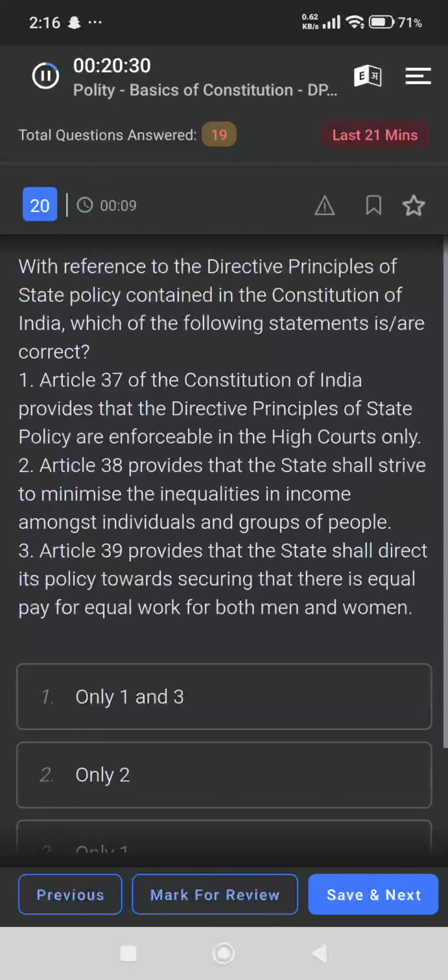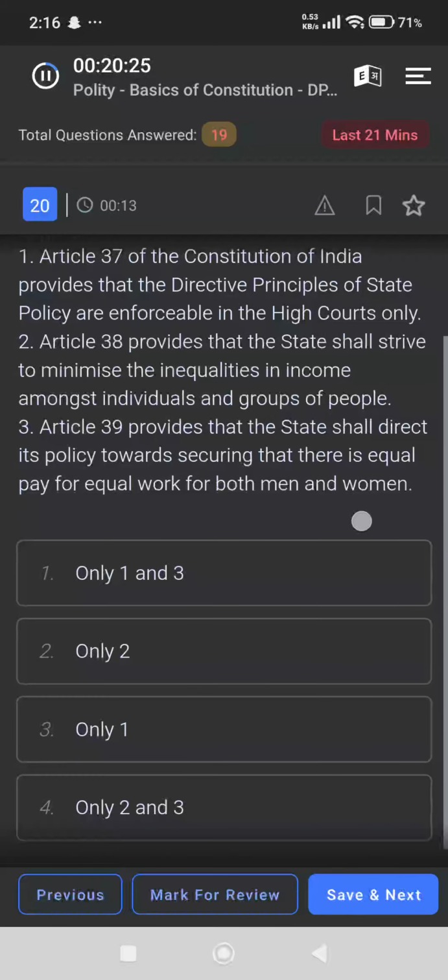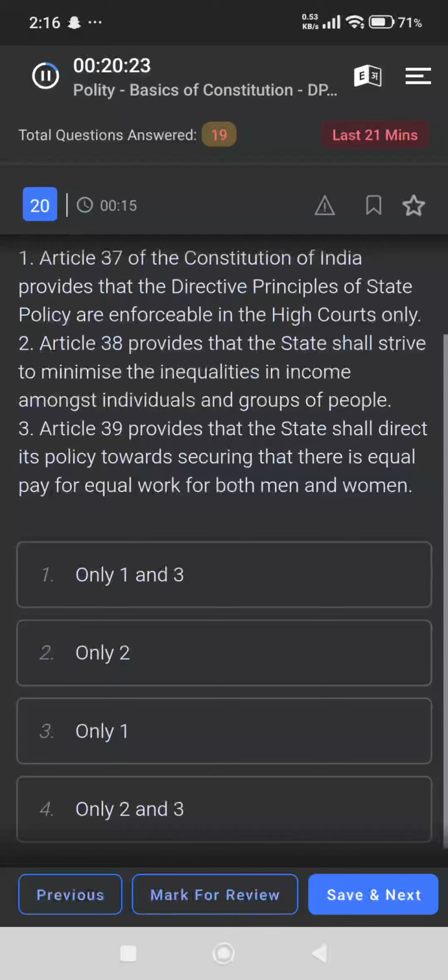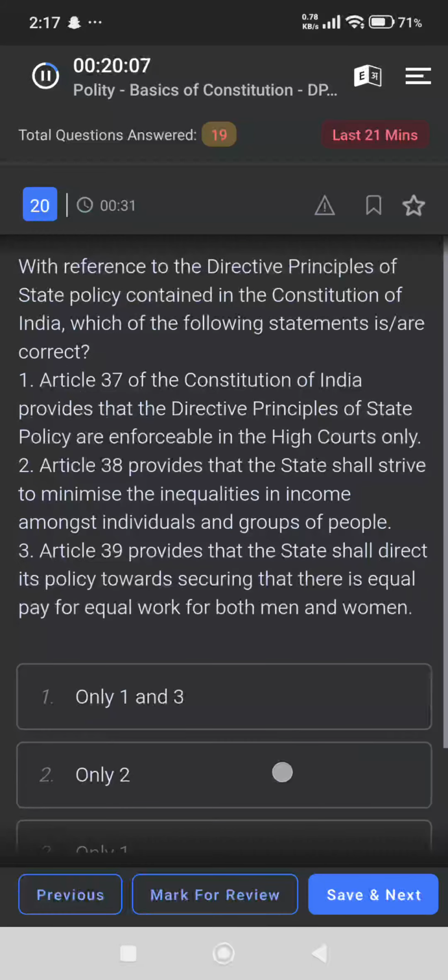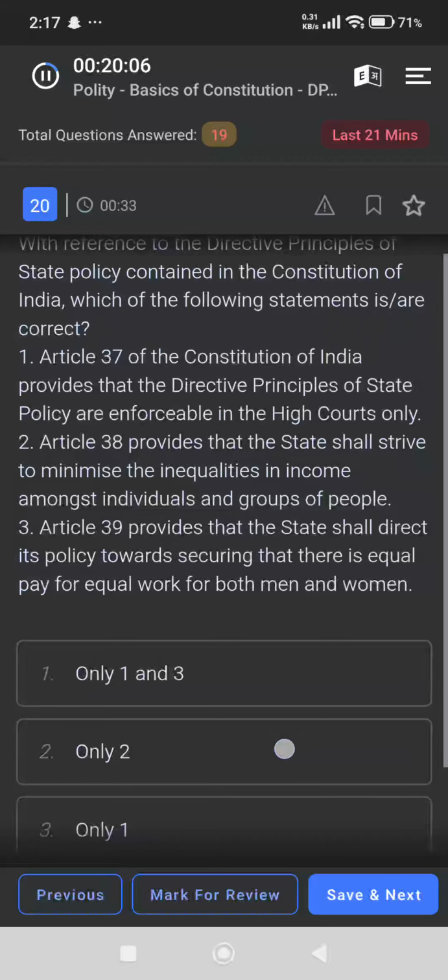Article 37 provides DPSP are enforceable in high courts only. Article 38 provides that the state shall strive to minimize the inequalities in income amongst individuals and groups of people. Article 39 provides that the state shall direct its policy towards securing equal pay for equal work for both men and women.